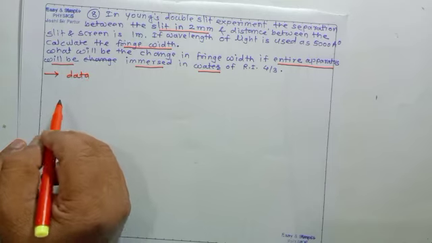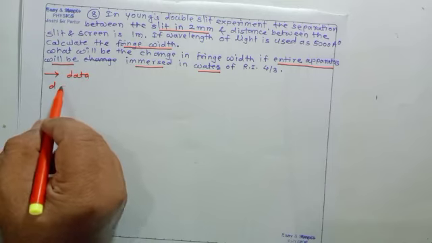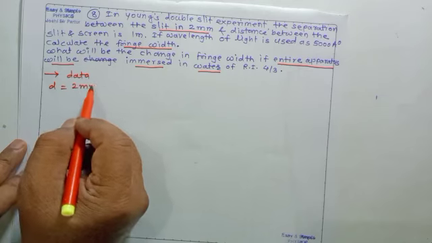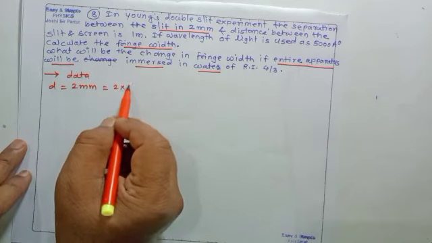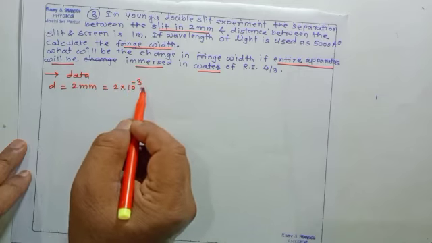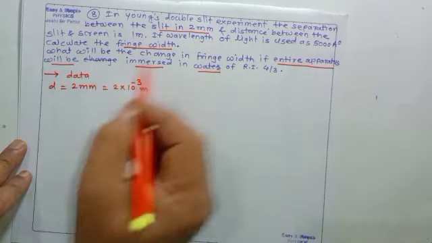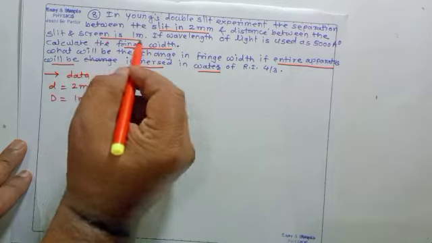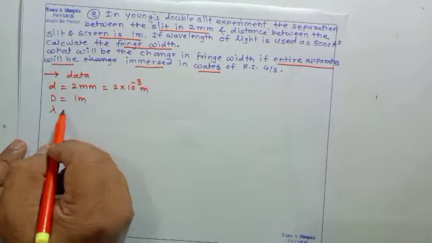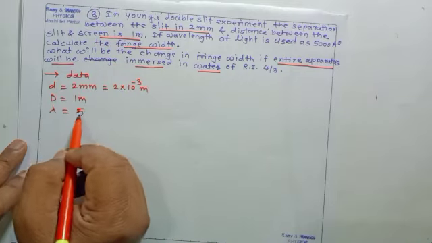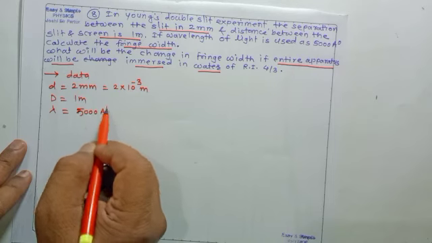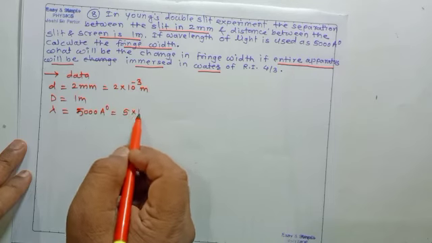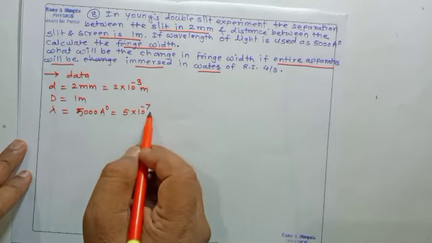So first of all, we solve using the data. Here small d will be 2 millimeter, that is 2 into 10 to the power minus 3 meter. Capital D will be 1 meter. Wavelength is 5000 angstrom unit, which means 5 into 10 to the power minus 7 meter.